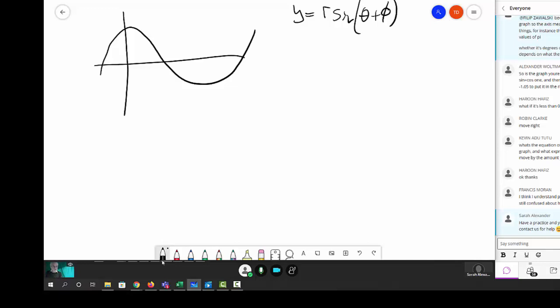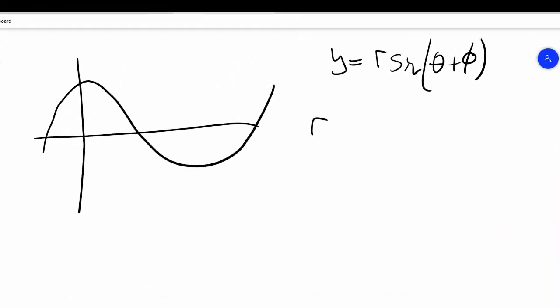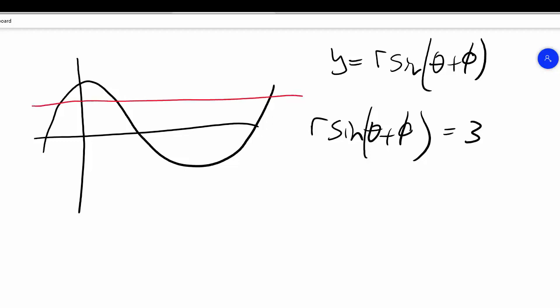But let's imagine we've got an equation of the form r sine (theta plus phi) is equal to 3, let's say. Then we'd get the line 3, wherever that happens to be, and let's imagine that that's the line 3. So if we got an equation of the form r sine (theta plus phi) is equal to 3, the solutions are going to be there, and there, and there.